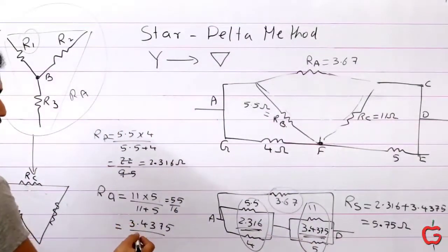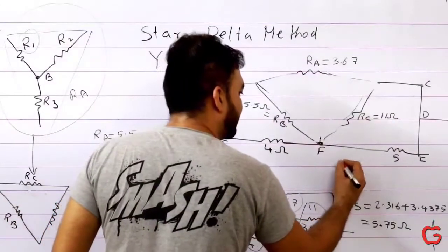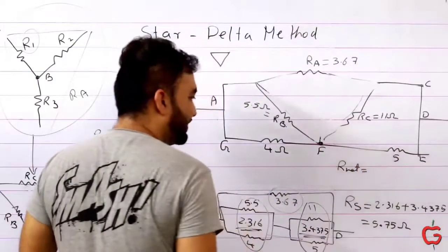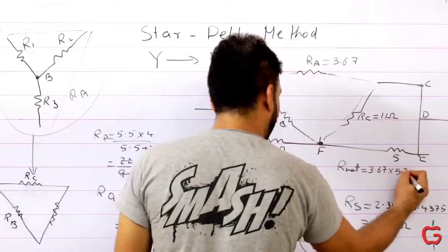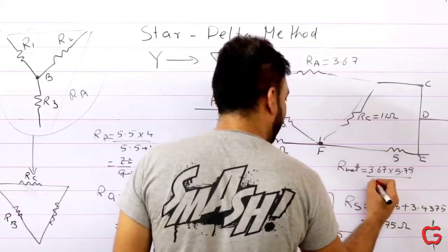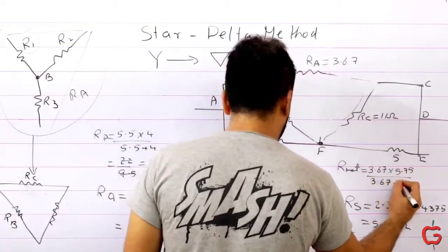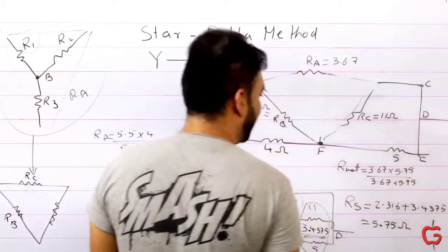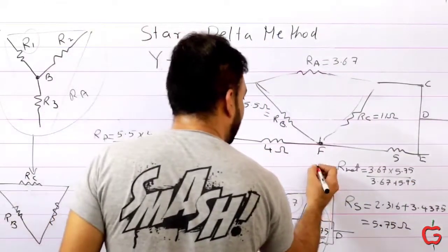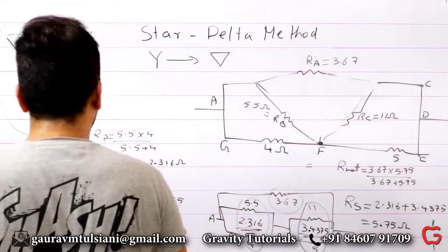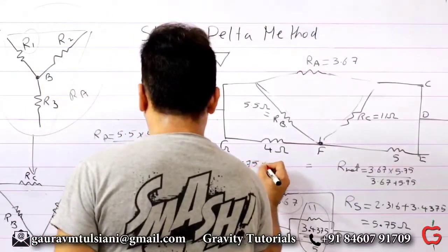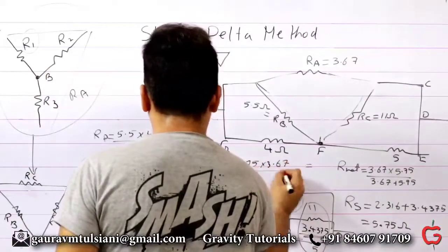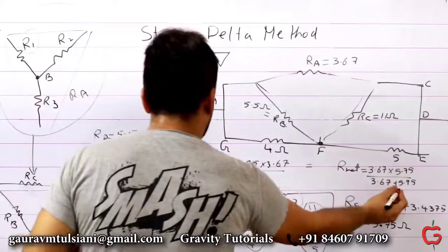Okay, so do the calculation here. The final net resistance is 3.67 into 5.75 by 3.67 plus 5.75. So this comes to be 3.67 into 5.75 divided by 9.42.